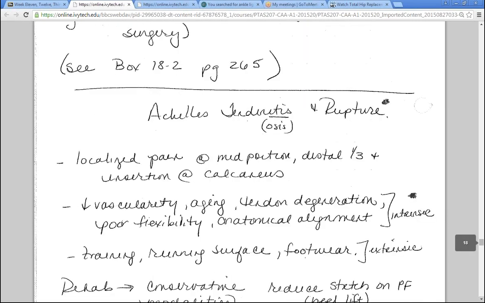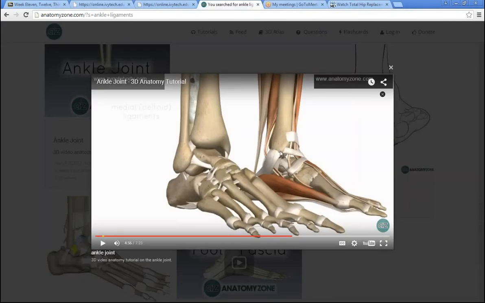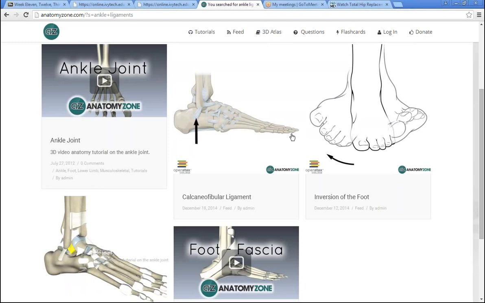All right, let's go into Achilles tendonitis or tendinosis and rupture. Let's see if I can do a little bit of investigating here.